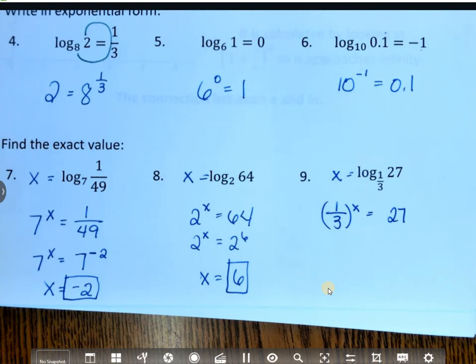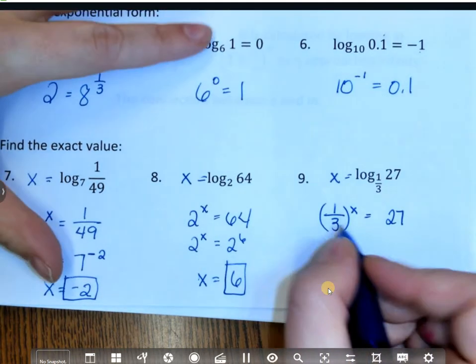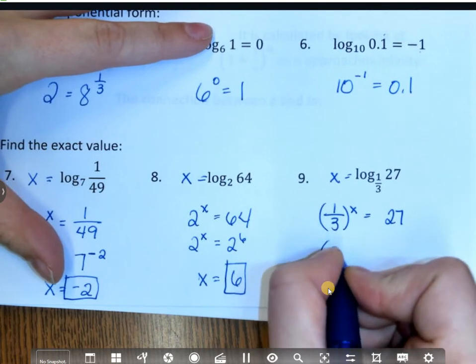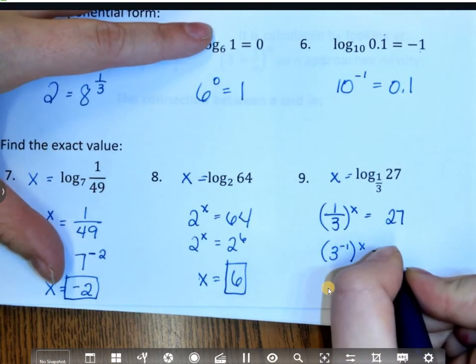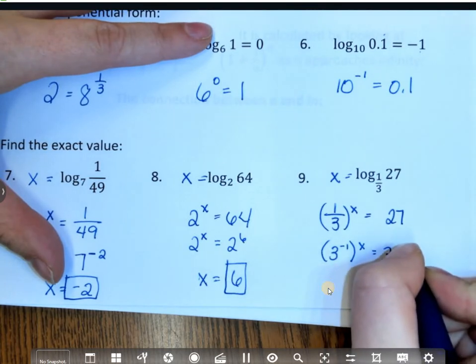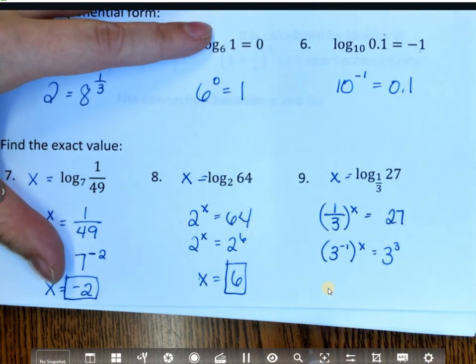That's weird. Is there some number that I can write them both as powers of? 3. So 1/3 is 3 to what power? And 27 is 3 to what power? 3 to the 3rd. So far, so good?